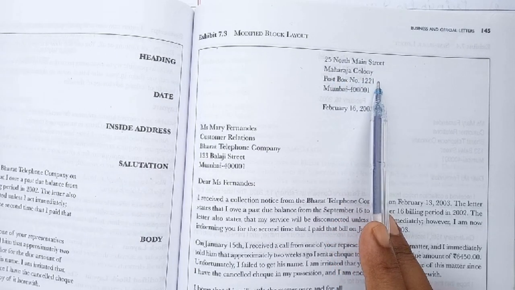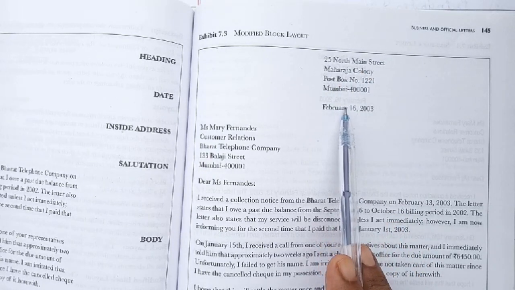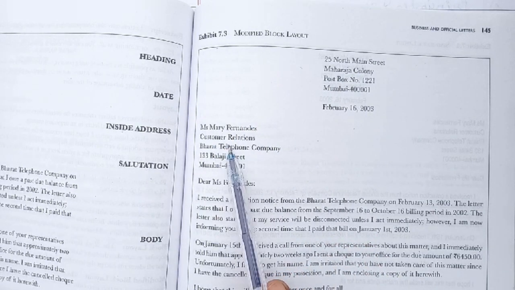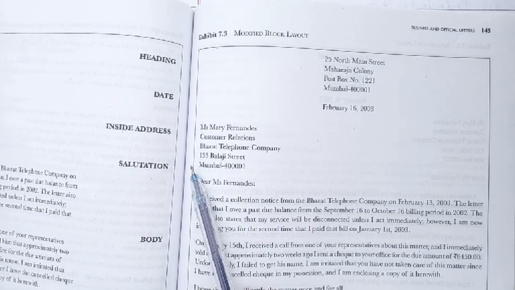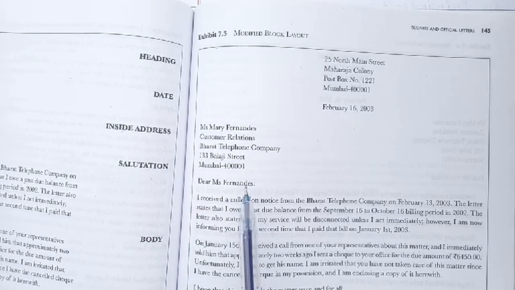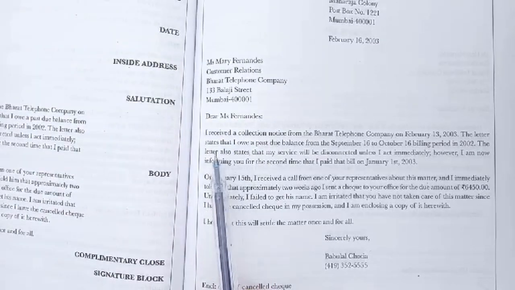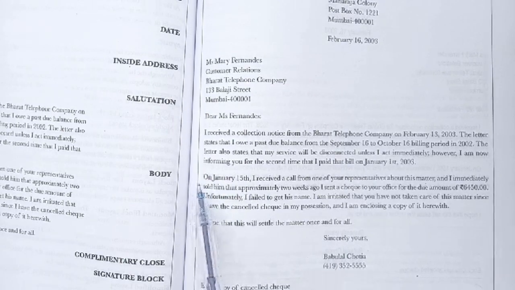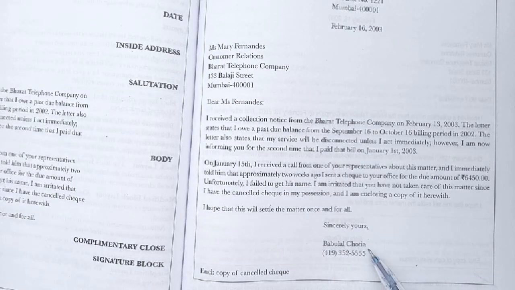Your address is written in the middle of the page. Date in the middle of the page. Third content, the reader's address, is flushed to the left hand side. Salutation, left hand side. Paragraphs 1, 2, 3 flushed to the left hand side. And finally you will see that the complimentary close, name, signature, etc. are written in the middle of the page.